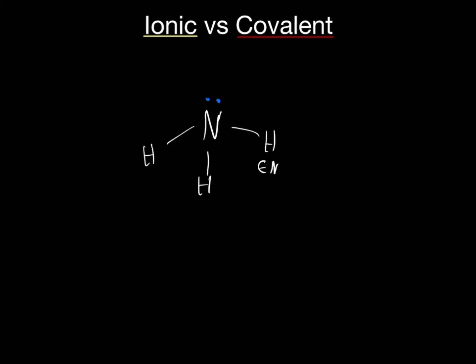If that of hydrogen is 2.1, then 3.0 is going to make a difference of higher than 0.5. So these bonds are indeed polar. The other direction, sorry. They're always going to point toward the more electronegative atom. And nitrogen is going to have a partial negative charge. It really is more supposed to look like that, not really supposed to look like an 8. But that doesn't matter too much.